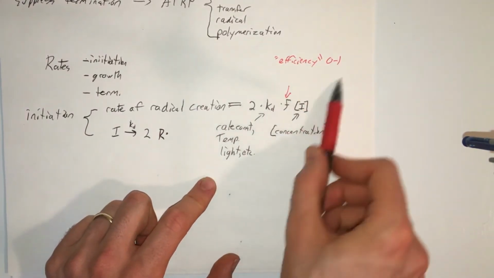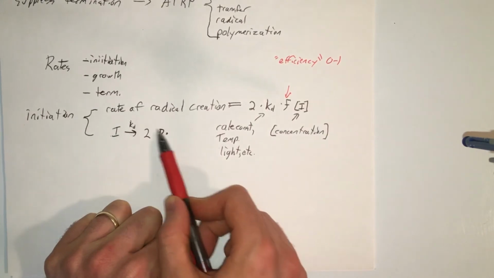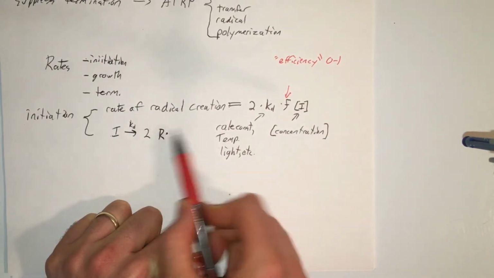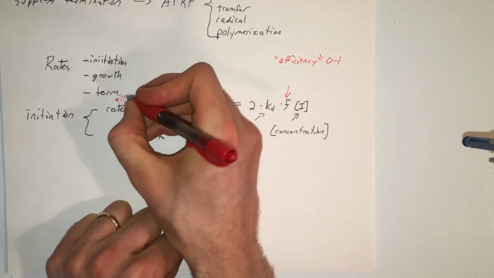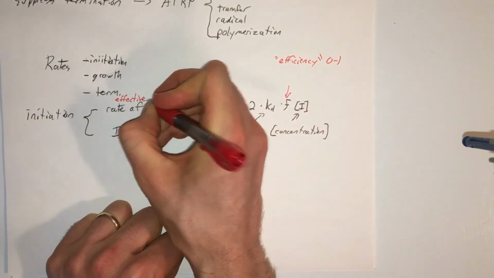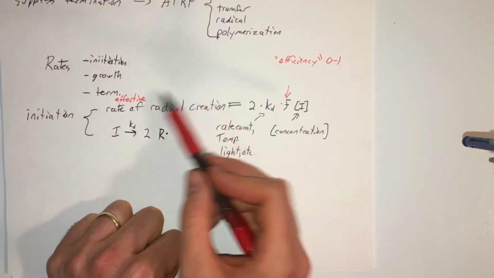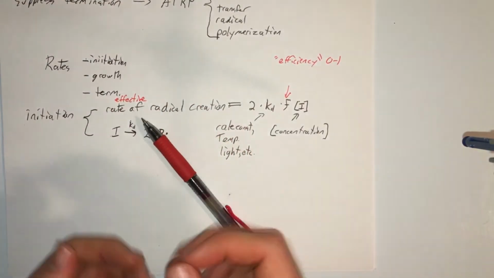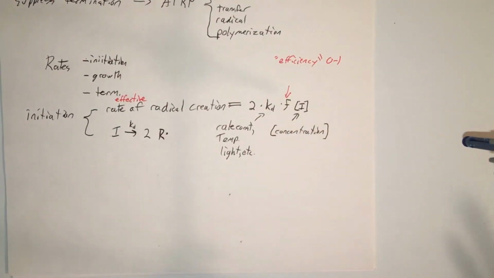This is sort of an efficiency factor that says, okay, I know that my initiator is forming radicals at this rate kd, but this describes the effective rate of radical creation, i.e. only the radicals that end up effectively growing monomer chains.